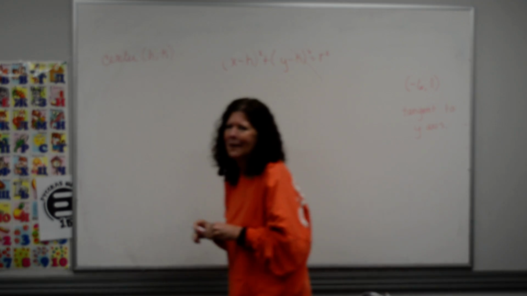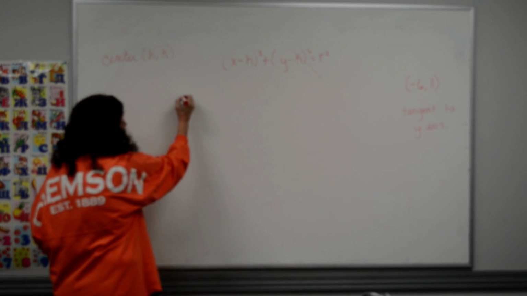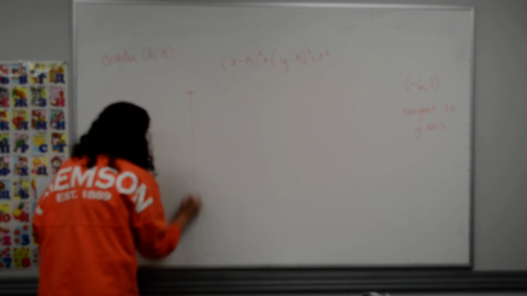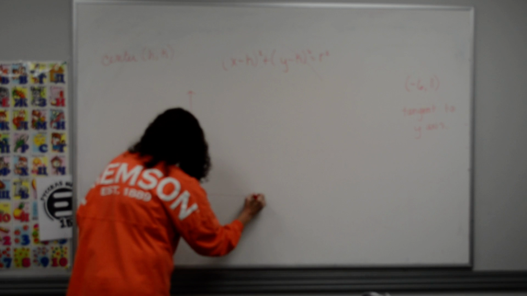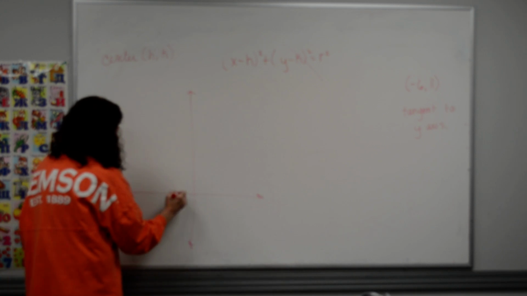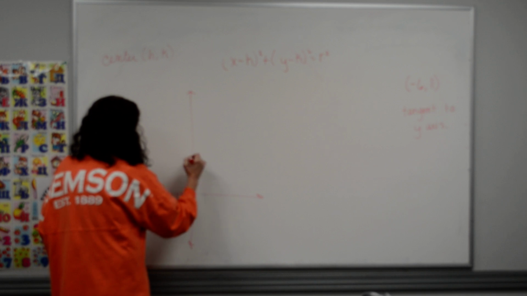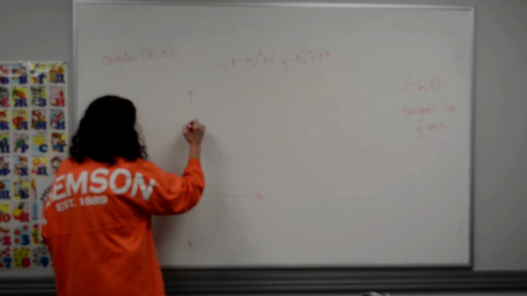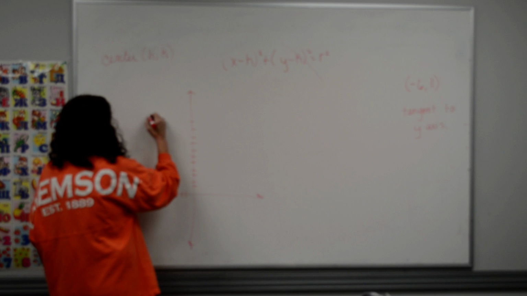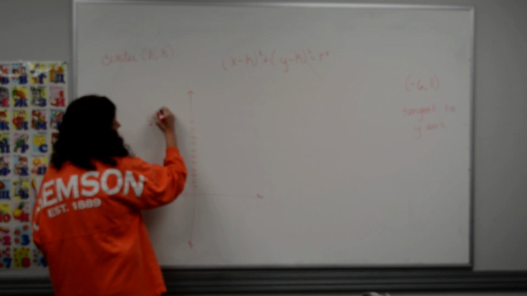Okay, wait a minute. I'm going to go ahead and kind of draw this out so that we get an idea of what it looks like. So this is -6, 11.